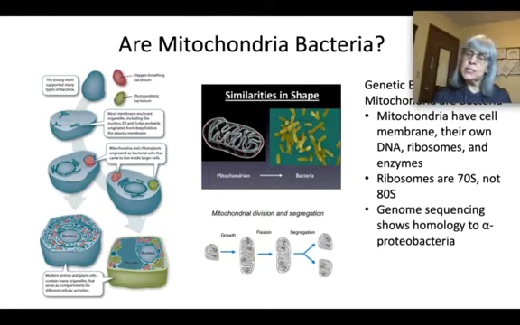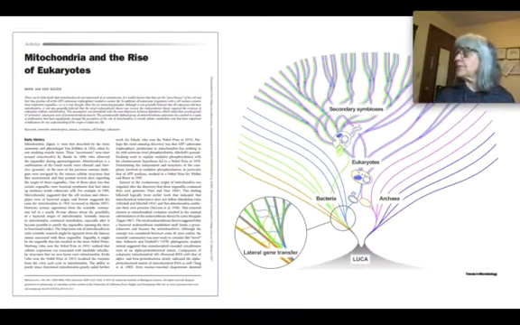And then they sequenced some of the mitochondria's genome. What it showed is they are closely related to a group of bacteria known as alpha proteobacteria. So there's strong evidence pointing in the direction that mitochondria were originally bacteria, prokaryotes.